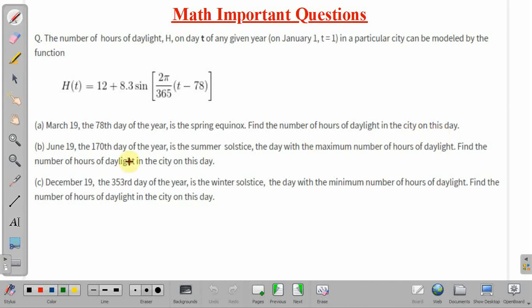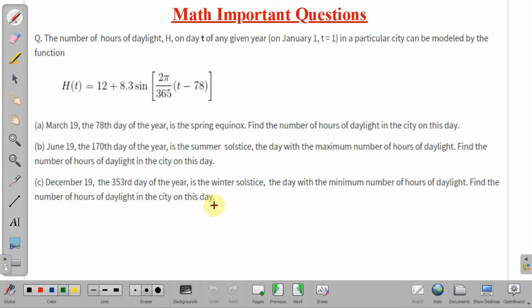Similarly, in part B, on June 19, that is the 170th day of the year, which is the summer solstice, the day length will be highest, and we have to find the number of hours of daylight in the city on this day. Similarly, on December 19, that is the 353rd day of the year, and it is the winter solstice, and we have to find the number of hours in the city on this day.